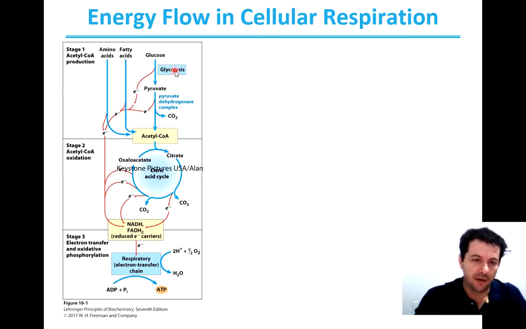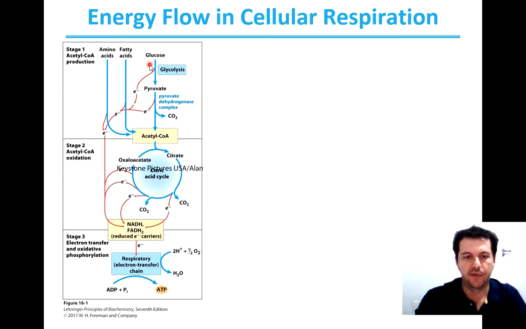Glycolysis, as we remember, starts with the glucose degradation to pyruvate. But then pyruvate is degraded to acetyl-CoA by the pyruvate dehydrogenase complex. We are going to study this enzyme specifically in the last class. But not only glycolysis feeds the TCA cycle.